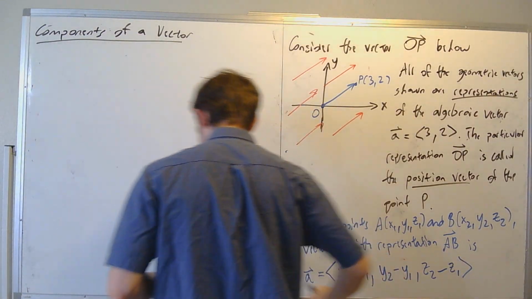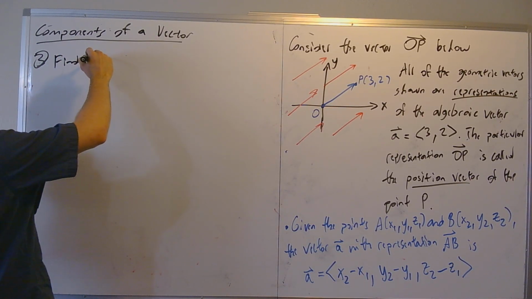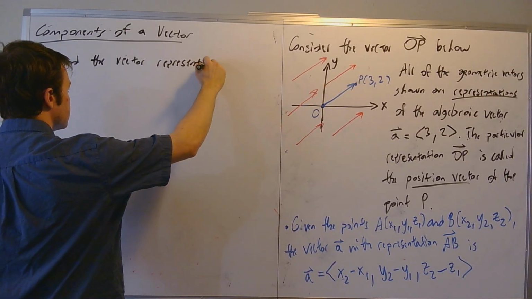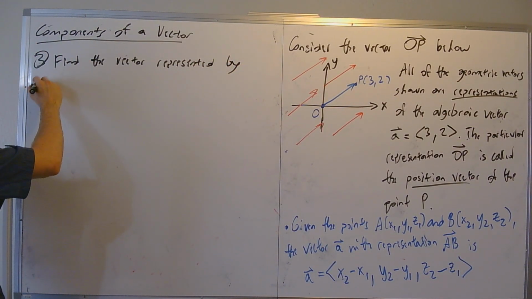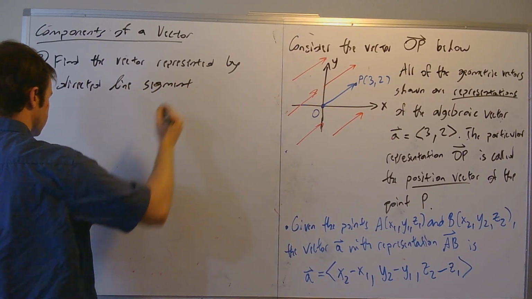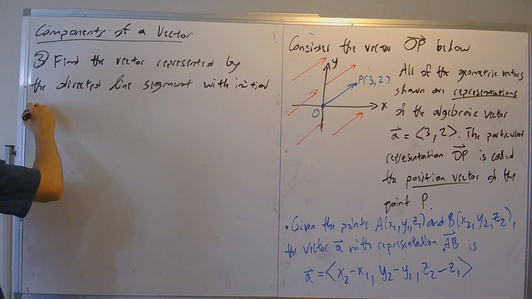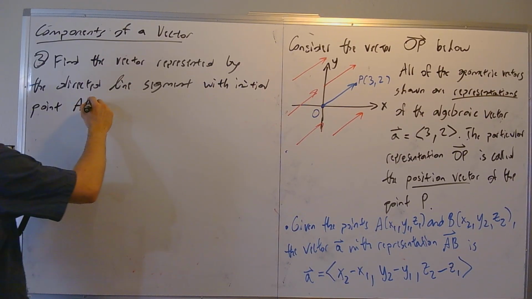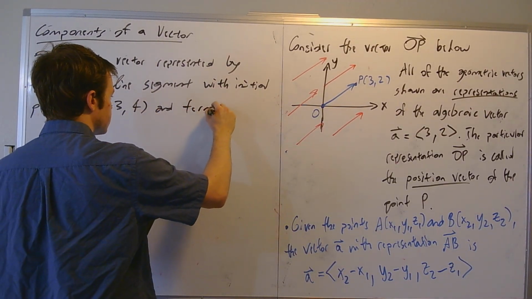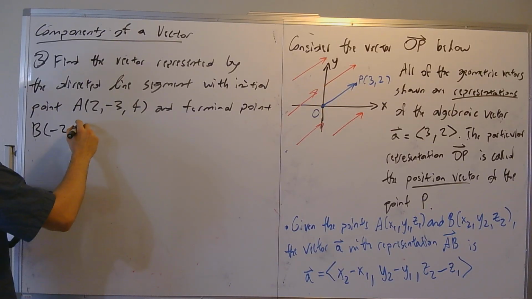So example number 3 is going to say find the vector represented by the directed line segment with initial point A, which is going to be 2, -3, and 4, and terminal point B, which is going to be -2, 1, 1.